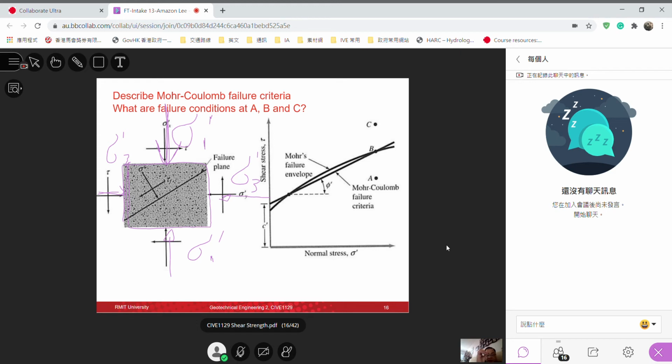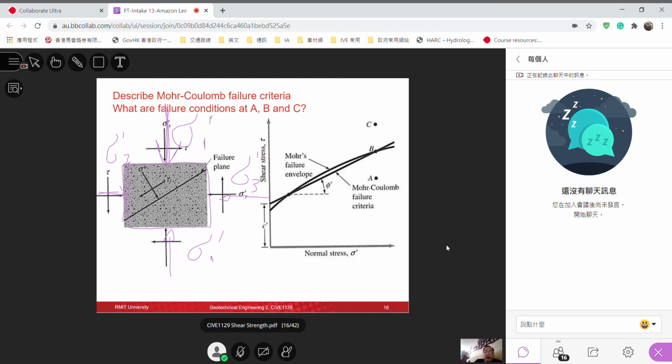We assume what is carried by the soil particles is the effective stress, not the total stress. So the effective stress in the vertical direction is the major principal effective stress, sigma 1 dash, and in the horizontal direction it is the minor principal effective stress, sigma 3 dash.